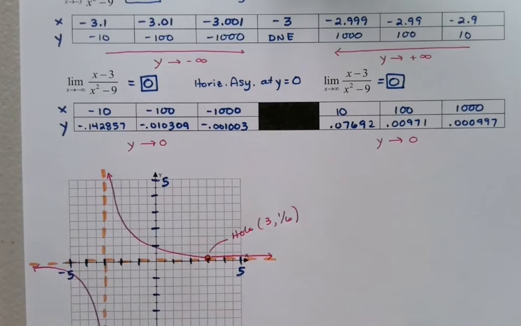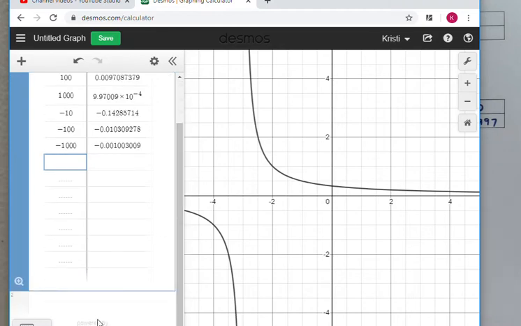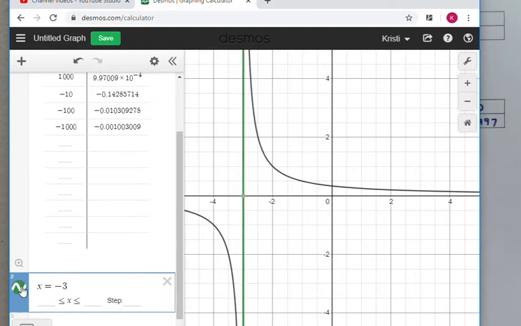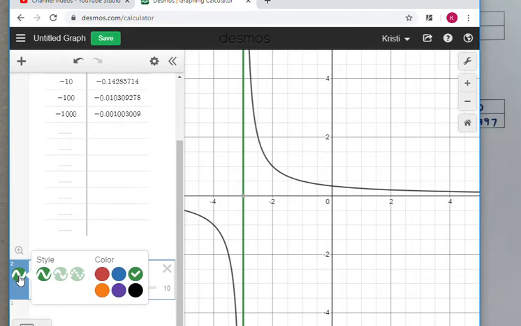And there we go. If I pop over to Desmos, I've got it graphed here, same window, negative 5 to 5 on both axes. You can definitely see that vertical asymptote at negative 3. I could graph it as x equals negative 3, and if you hold this down, it'll even allow you to make it dotted.